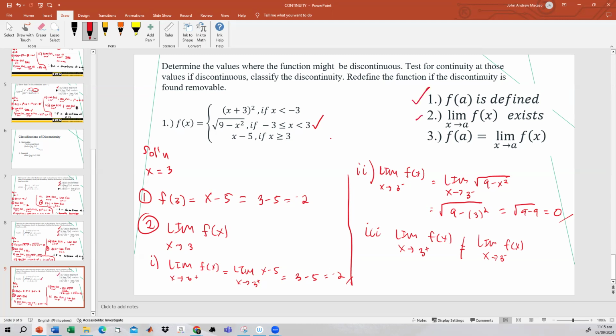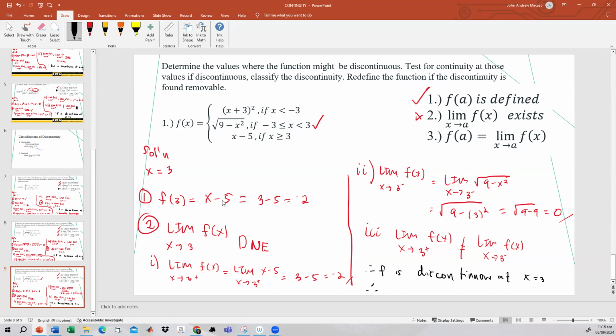Since this is not satisfied, the limit of f of x as x approaches 3 is DNE. So we can conclude that f is discontinuous at x is equal to 3. Then we can conclude right away.